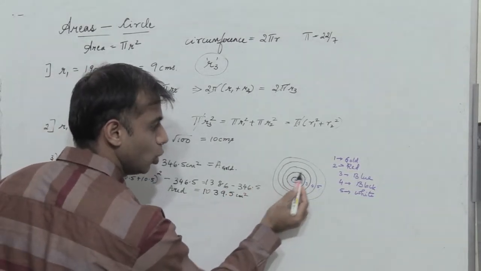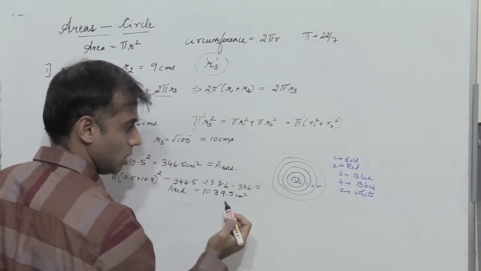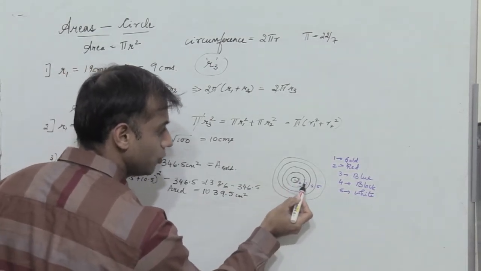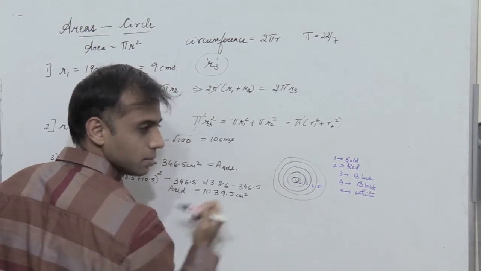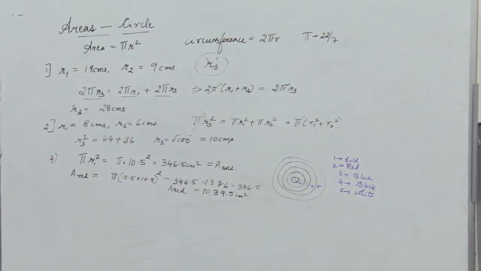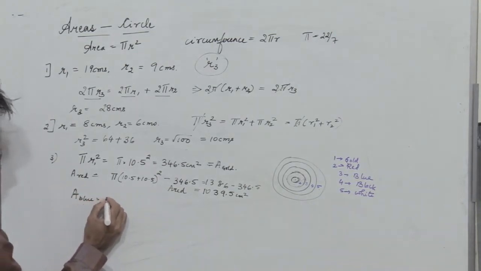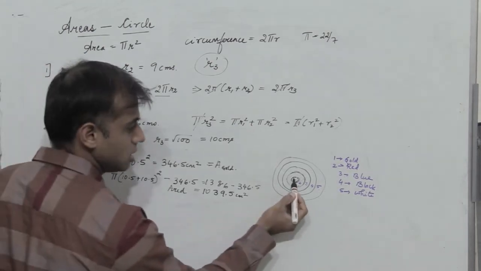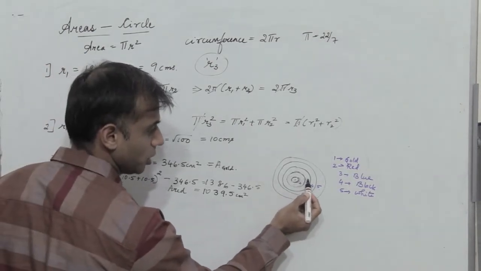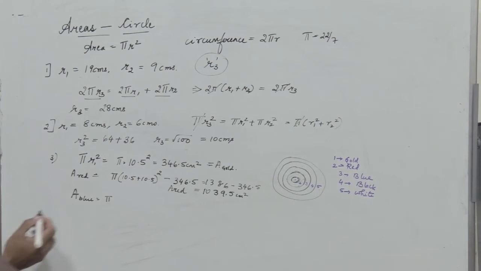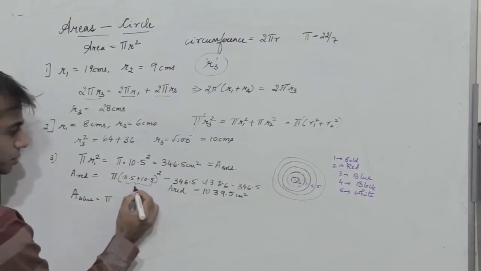Right? So again, if I want to find the area of the blue region, again I need to find the whole area minus the area of this entire thing. So the area of blue is pi. Here the radius is 10.5 plus 10.5 plus 10.5. So this is 21.